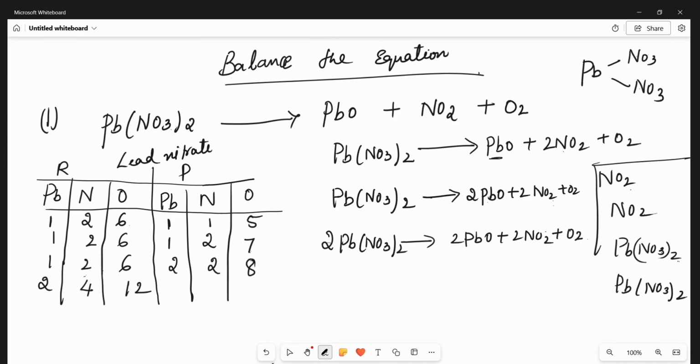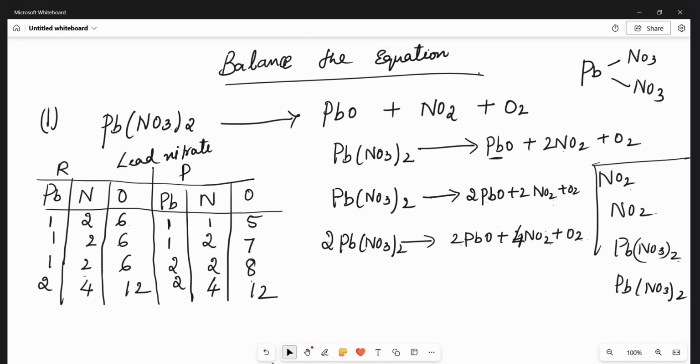And here 2 lead is there. Nitrogen here 2. So to make it 4, what else can I do? I can make this also 4. So lead 2, nitrogen will be 4. And what about oxygen? 4 twos are 8. 8 plus 2, 10. 10 plus 2, 12. Now it is balanced.